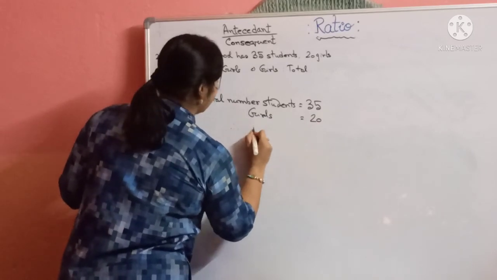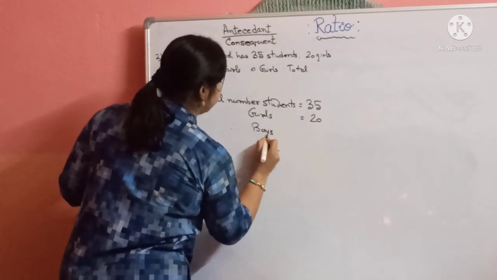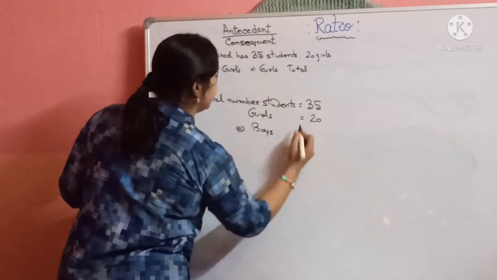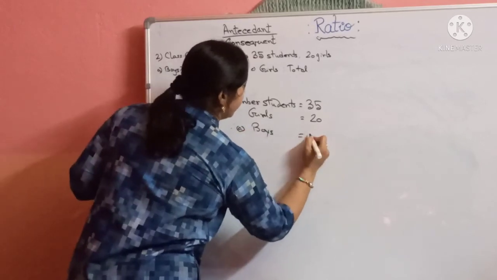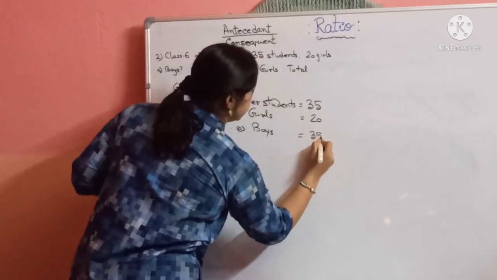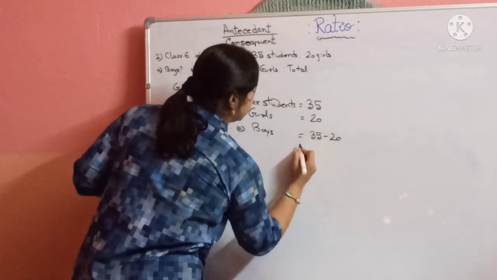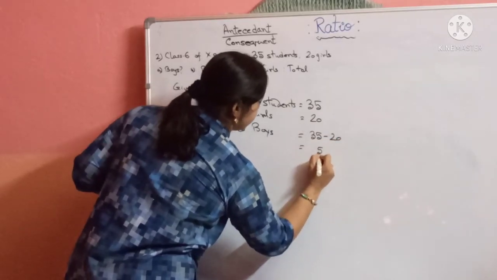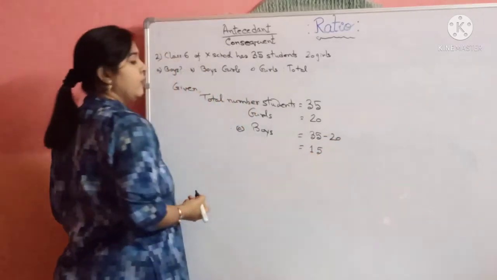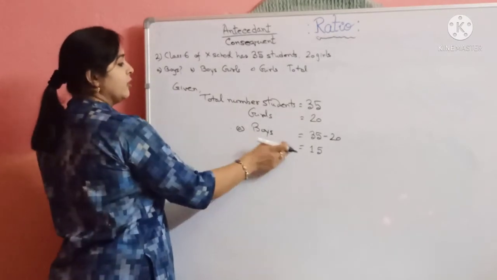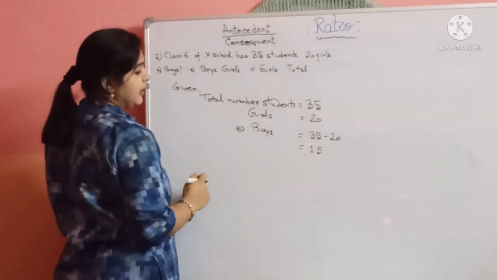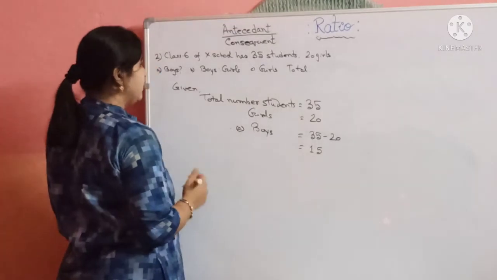So therefore for boys, simply you will do what? Subtraction. 35 minus 20. So what does the answer come to? For the first part A, there are 15 boys.